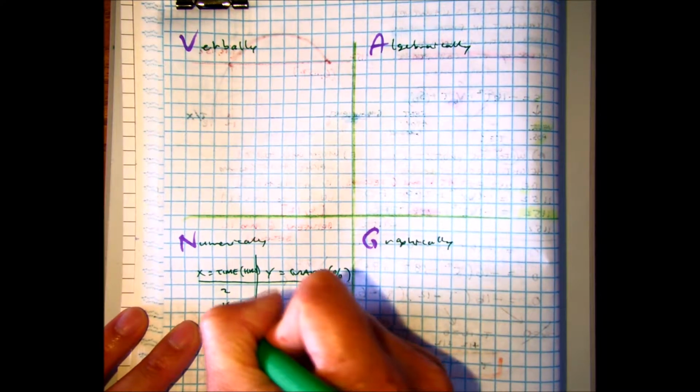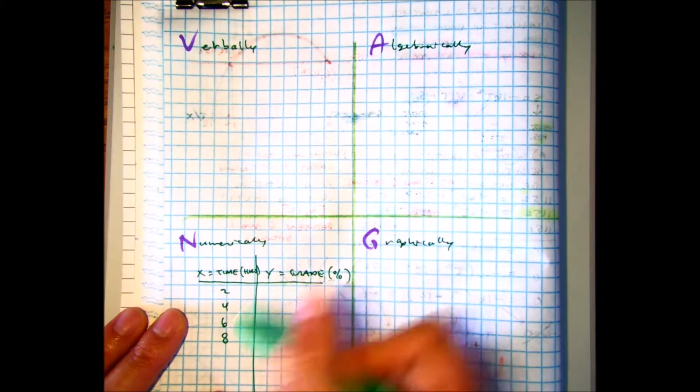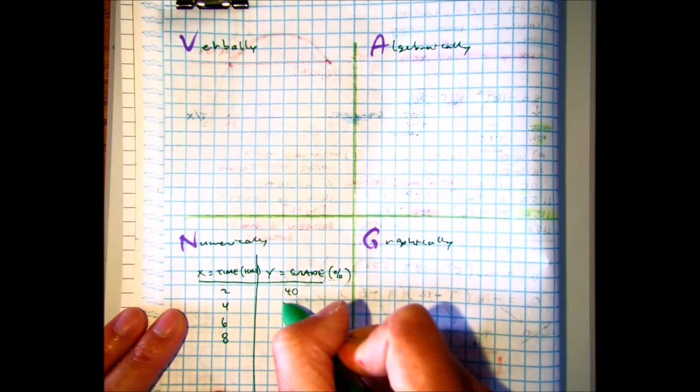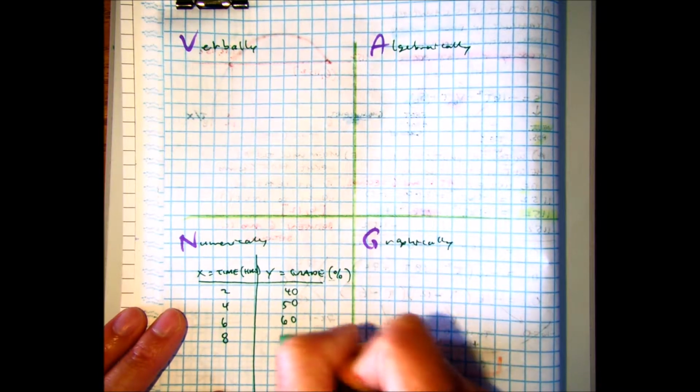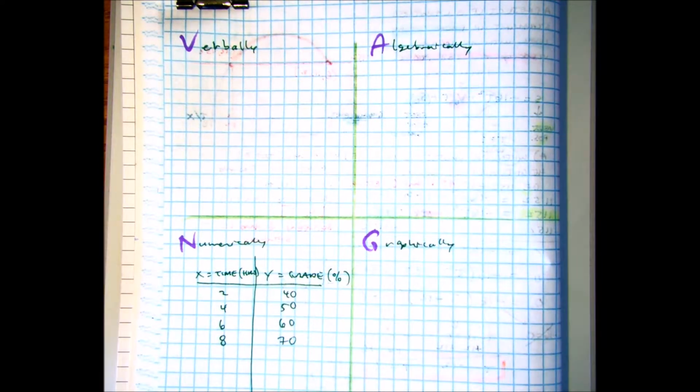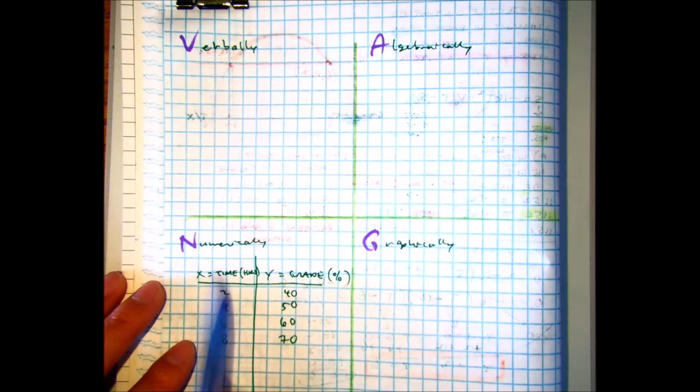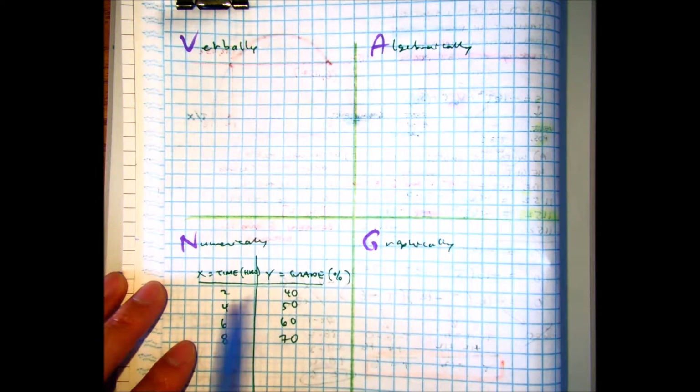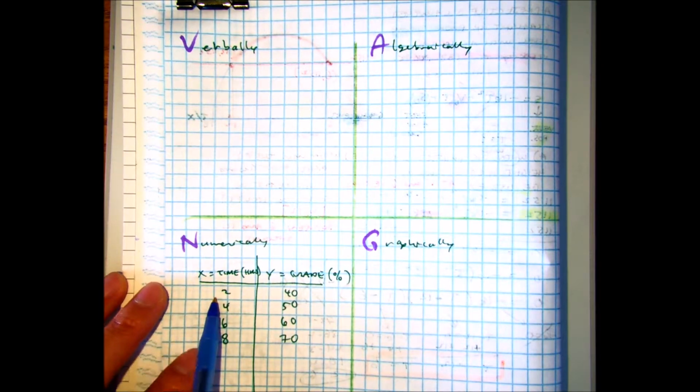2, 4, 6, 8, 40, 50, 60, 70. Now, you kind of learned this back in your previous math classes. This table of values is an x and a y, and this is essentially an ordered pair, right?